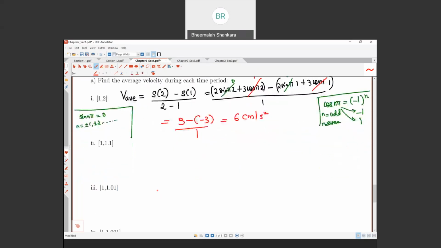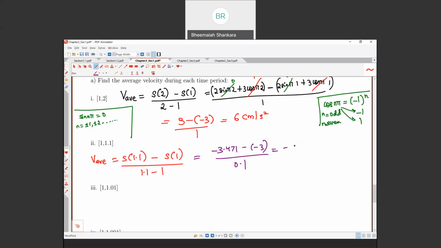In the next part, you are asked to find the average velocity for the interval 1, 1.1. So you do a similar formula, V average, S at 1.1 negative S at 1 divided by 1.1 minus 1. Simplify S at 1.1. This is negative 3.471. Negative of negative 3 divided by 0.1.